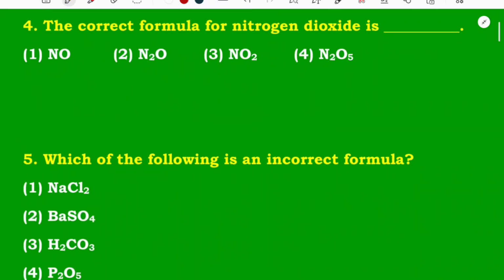Question number 4. The correct formula of nitrogen dioxide.